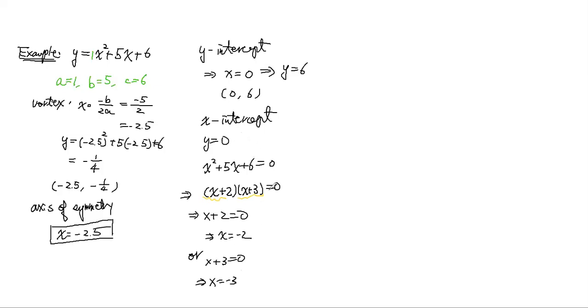So I will have two x-intercepts. The way you write it is (-2, 0) and (-3, 0). Okay, so let me show you why those things are helpful to graph.